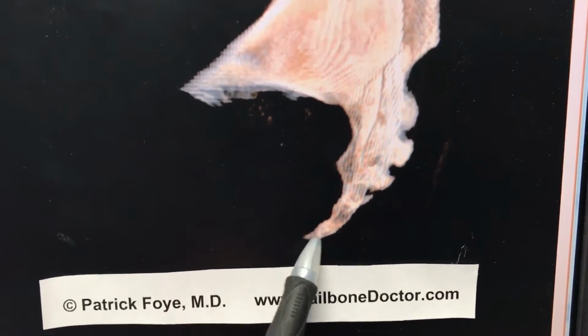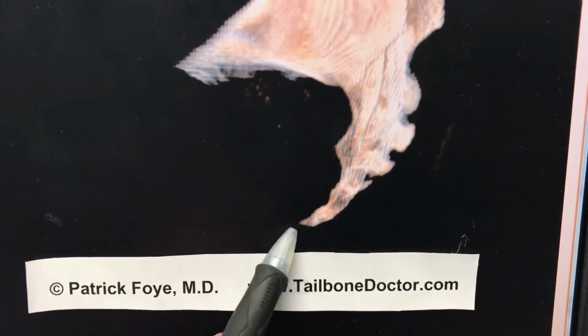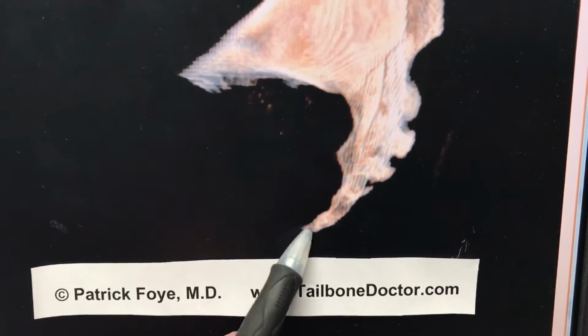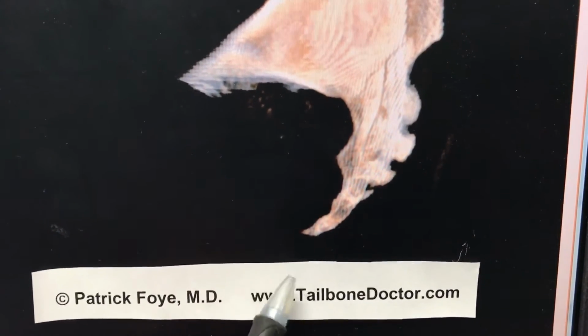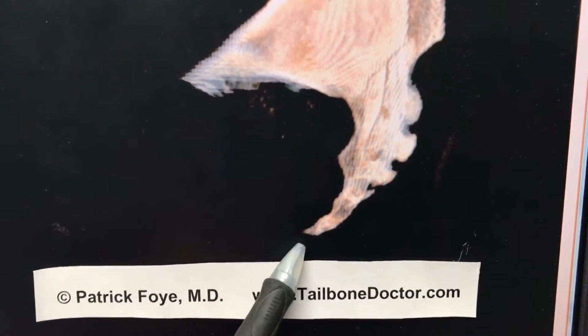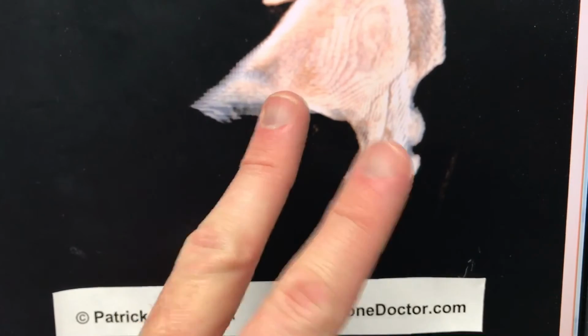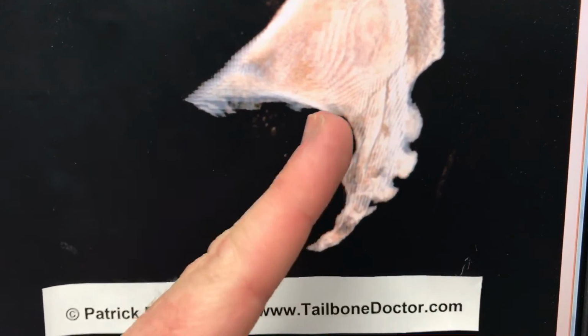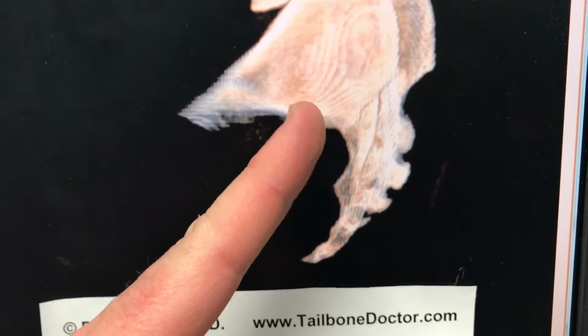And you can see here that because one of those two prongs is overlapping on top of the other, we're not able to see the space in between them. We would have no way to know that there were two separate prongs. We would think from this view, because they're overlapping, just like if you were looking at my fingers, you'd see two of them here, versus now you really just see one, what looks like just one finger.